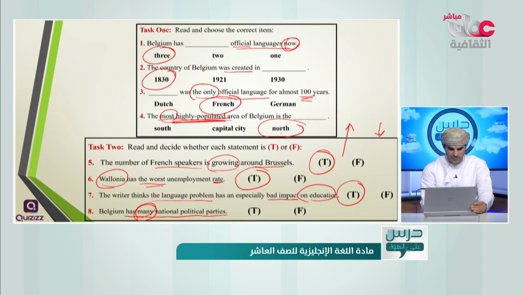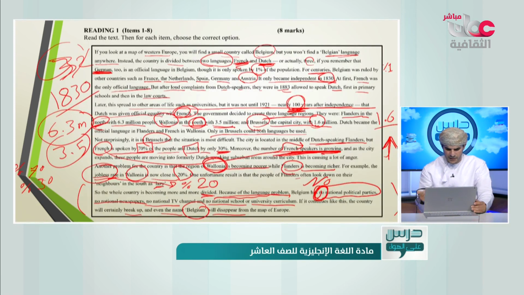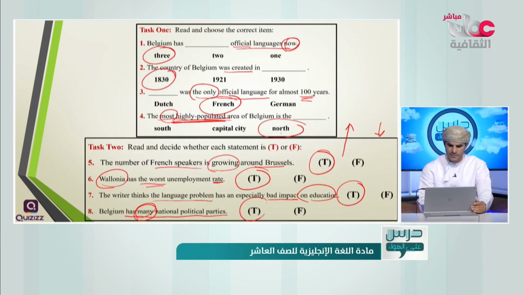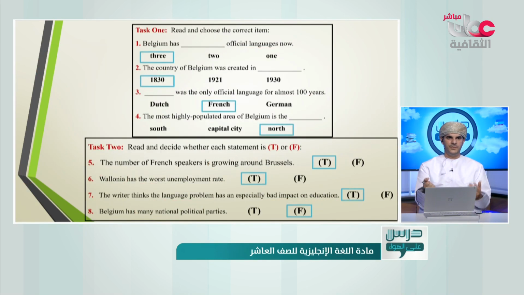Belgium has many national political parties. Let's go back. No national political parties, just like that. You see? 3, 1830, French, North. True.